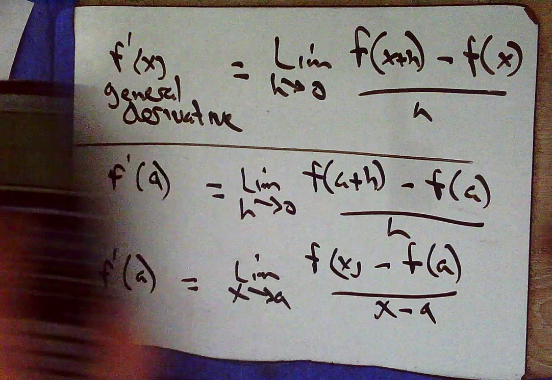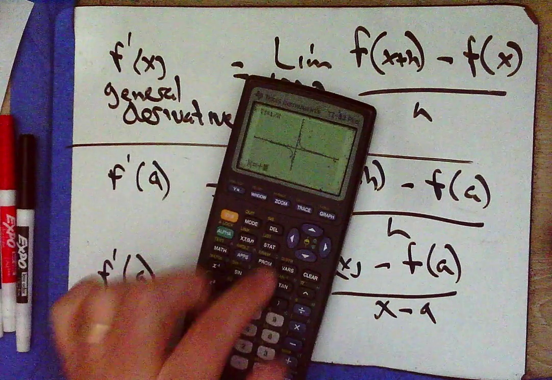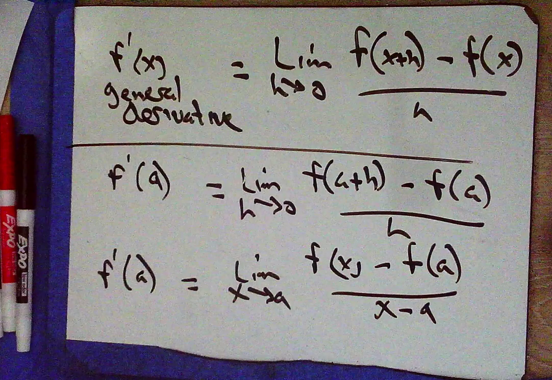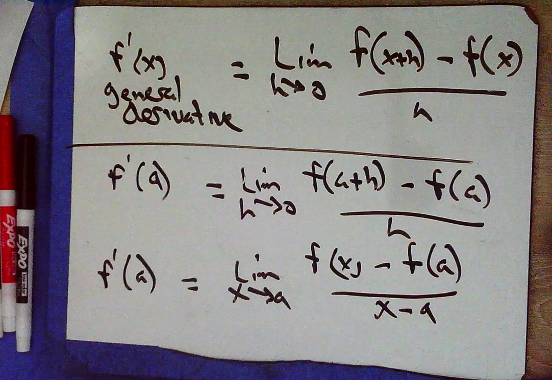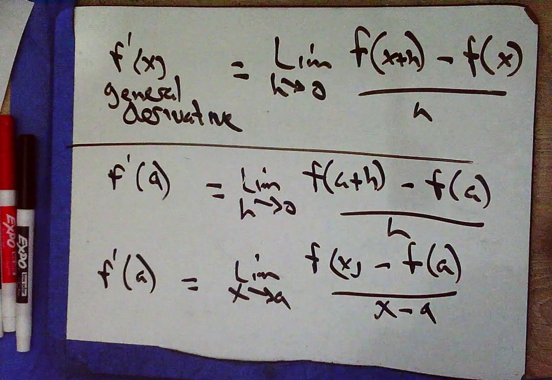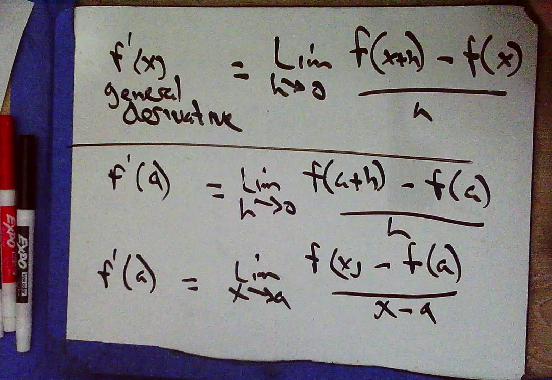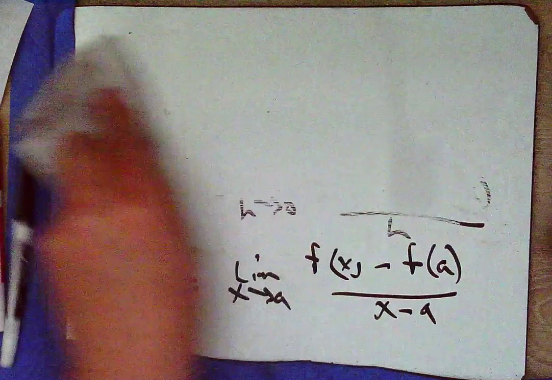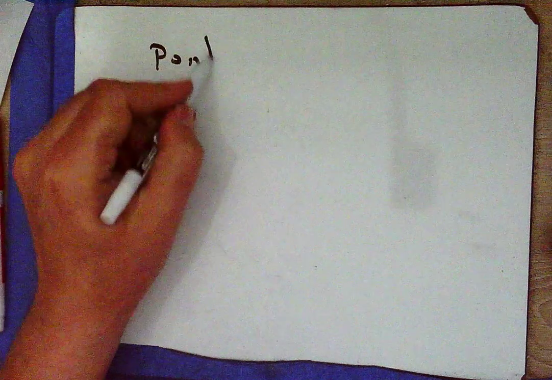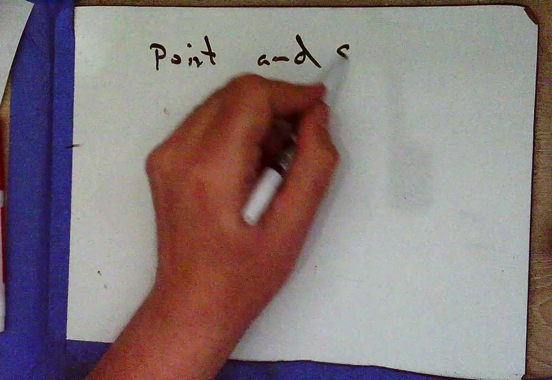You also need to be able to find the slope at a point with your calculator. And we need to then be able to apply these derivatives. And the first way we apply them is by writing tangent and normal line equations. So anytime you have to write the equation of a tangent or a normal, you need a point and a slope.